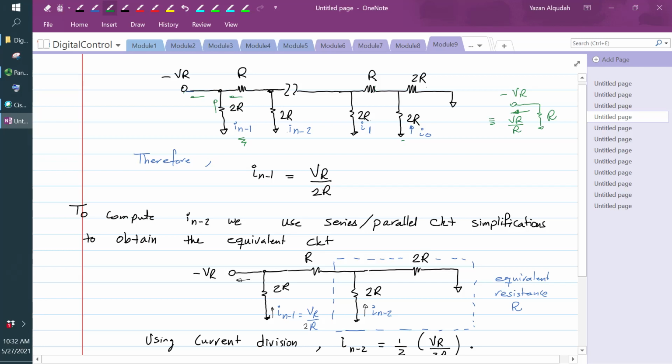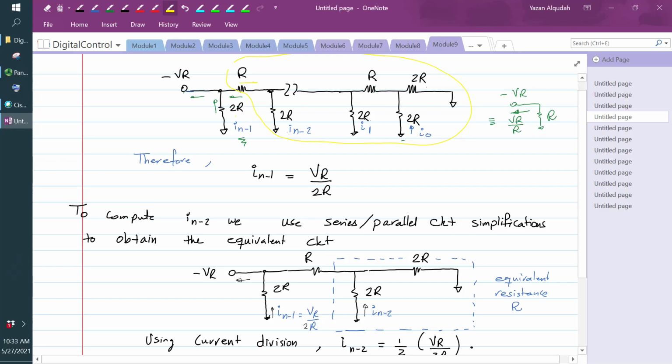How is it going to split? We said the equivalent of all these resistors is going to give me 2R. So the current is going to split equally. Half of it is going to go through this 2R resistor, the other half is going to go this way.